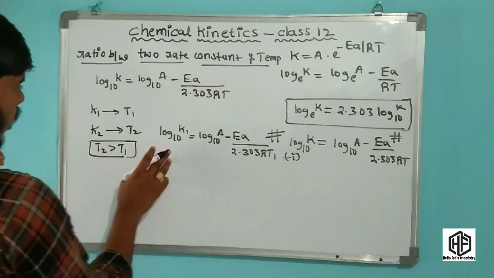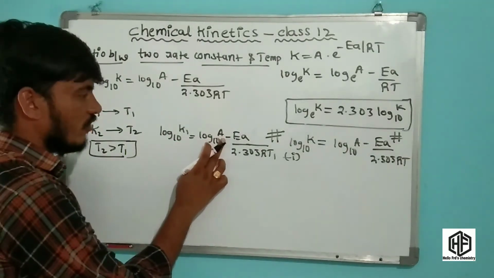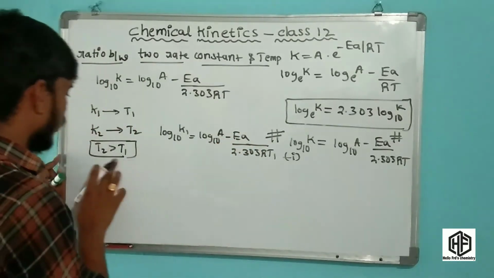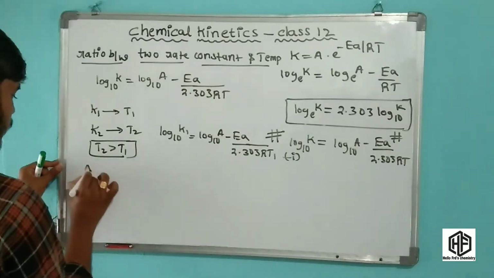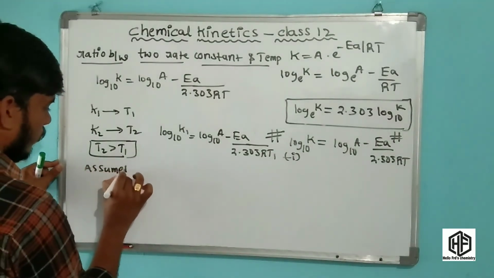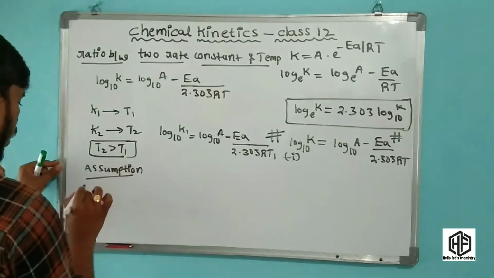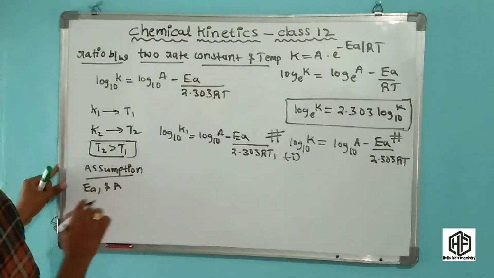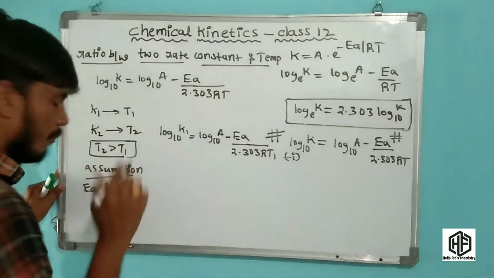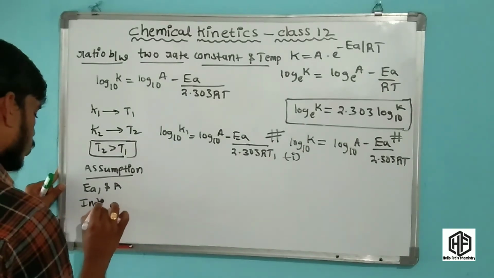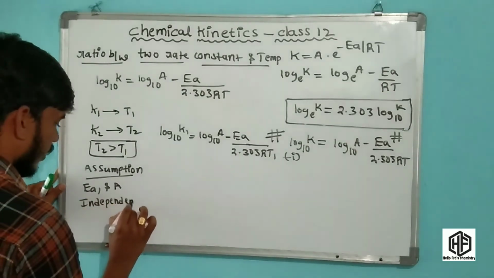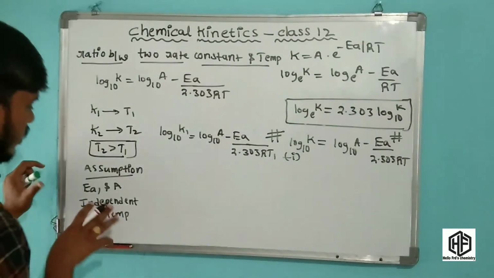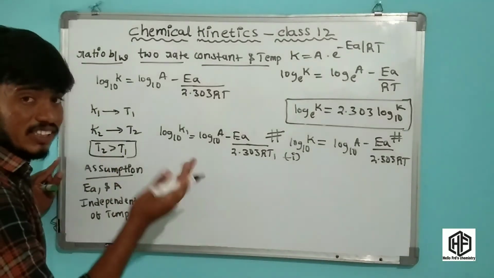Friends, one more important point. The Arrhenius factor, or frequency factor A, and the activation energy cannot depend upon the temperature. This is a very important assumption. These two are independent of temperature; they do not change as the temperature increases or decreases.